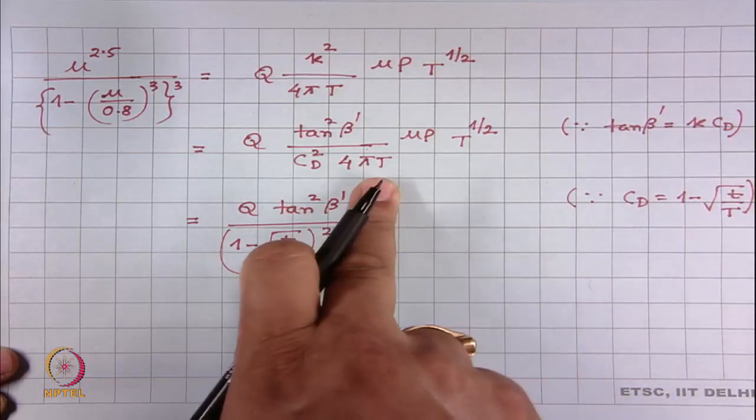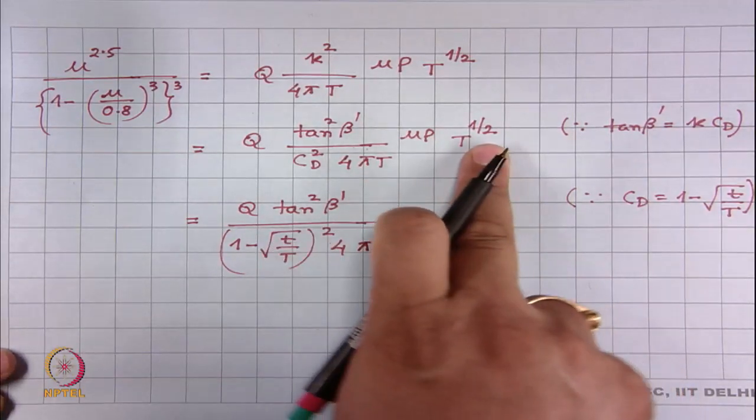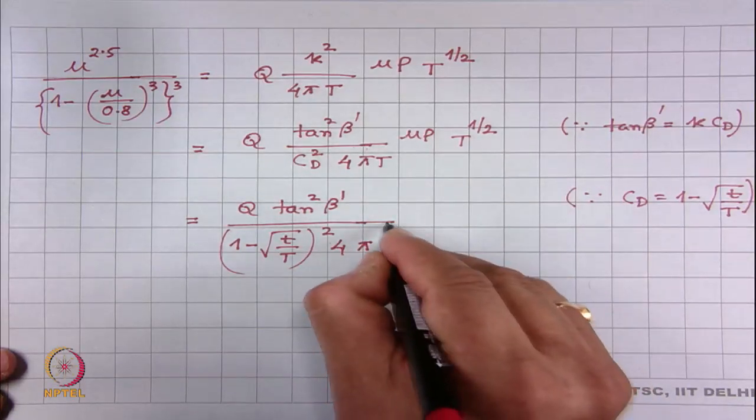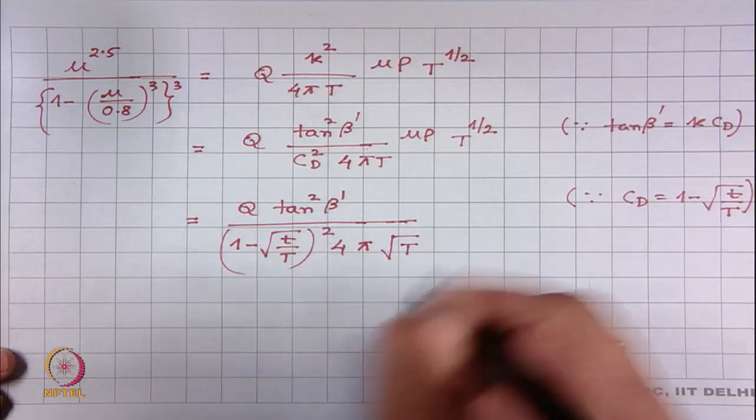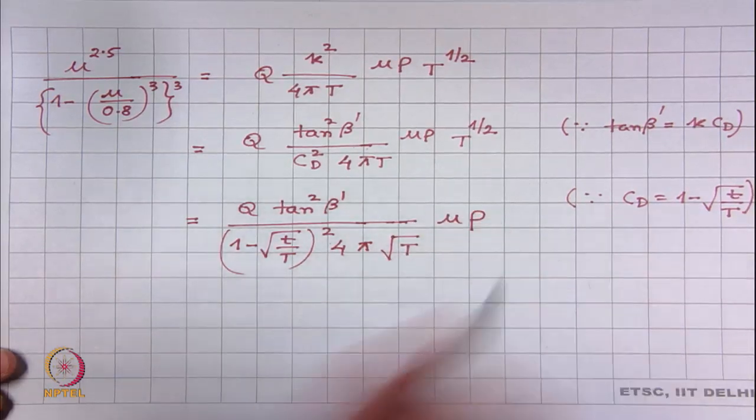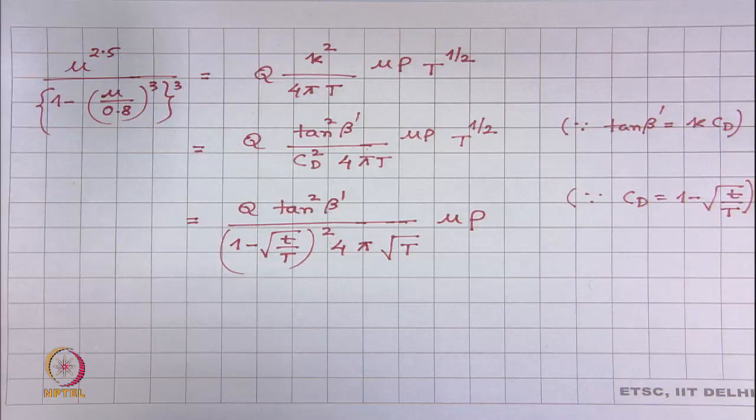So, this T and this square root will cancel out, we will find capital T into rho. Okay.